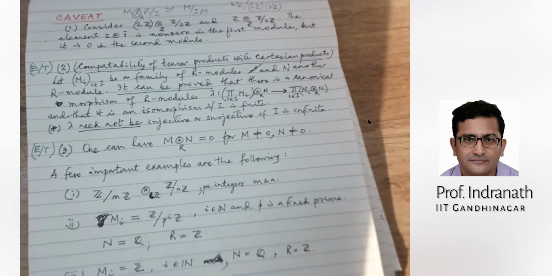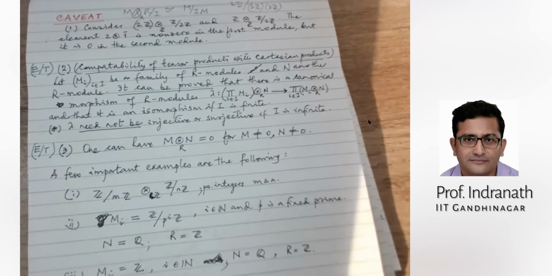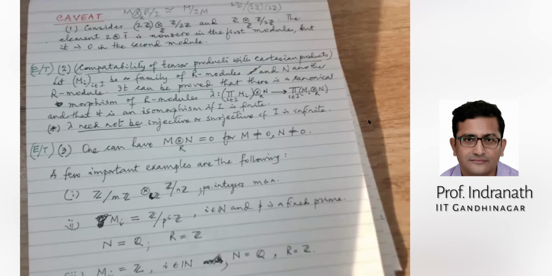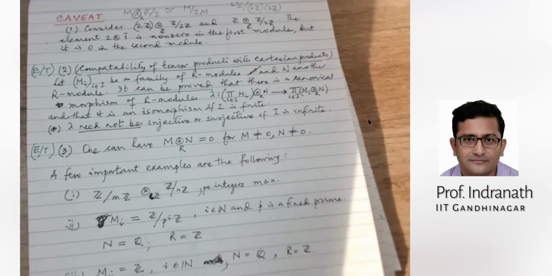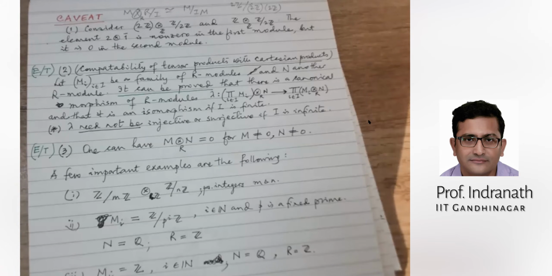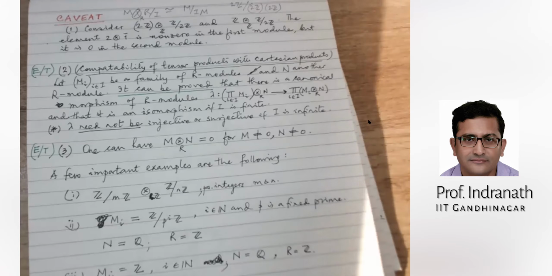So just take any element (2n, m bar) and send it to n times m bar. So (2n, m bar) is sent to n times m whole bar, and you just make 2 disappear. That is essentially the same map sir was telling, right?